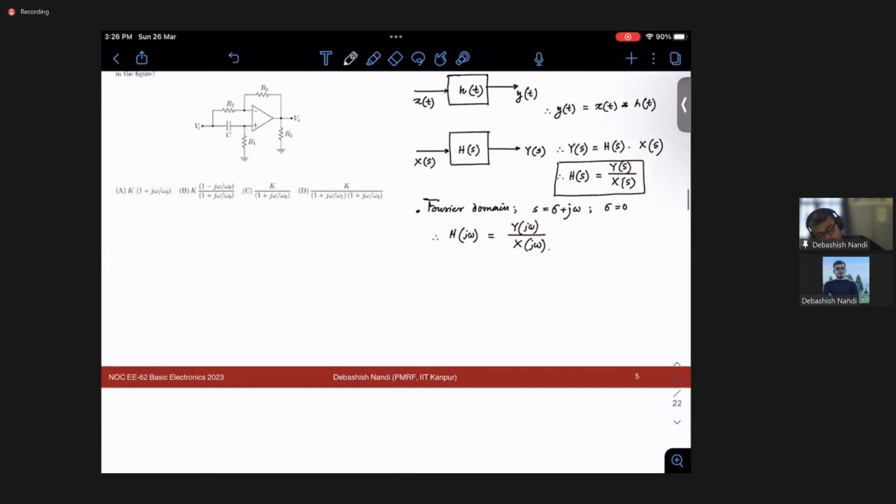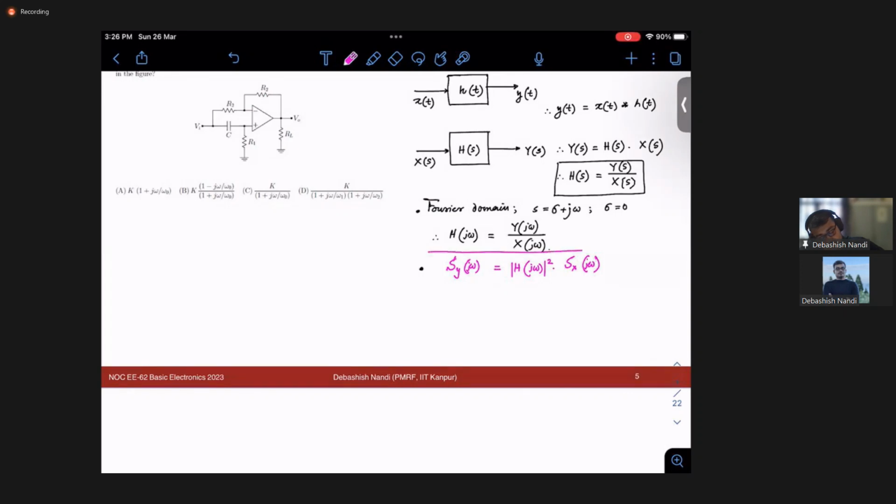And again in this context, how will you calculate your power spectral density? The power spectral density of y, Sy of omega, is nothing but the magnitude of H of j omega, whole square, into the power spectral density of input, Sx of omega, or say j omega.